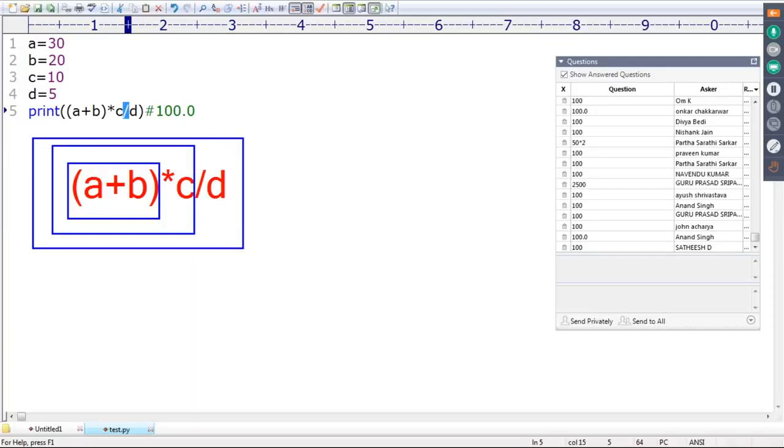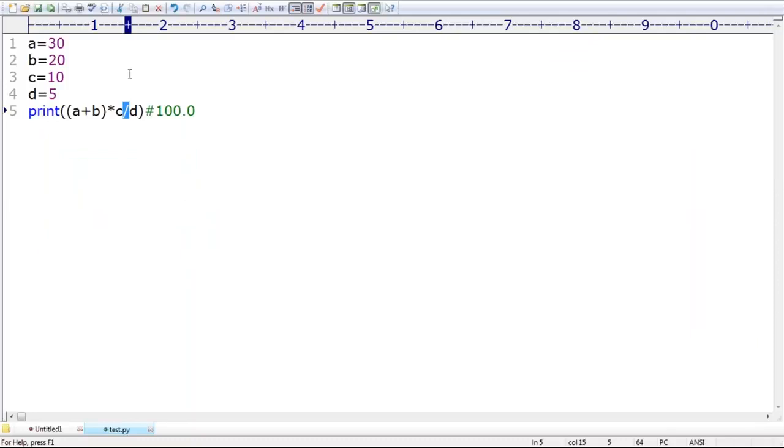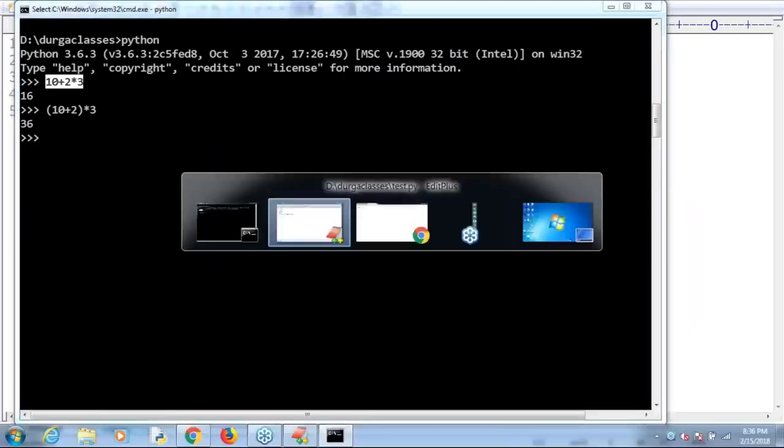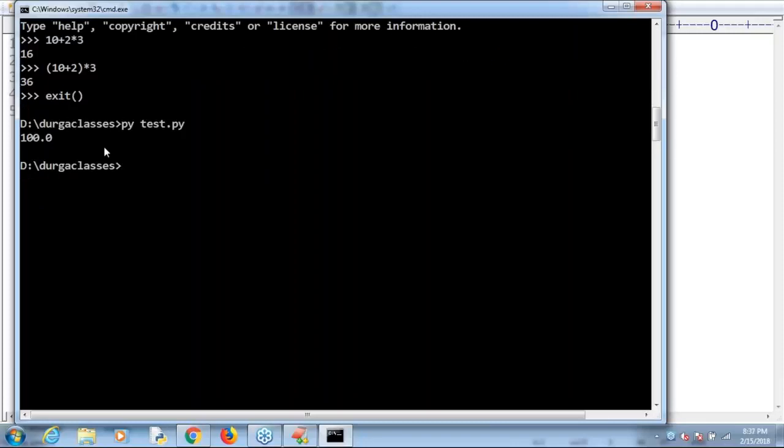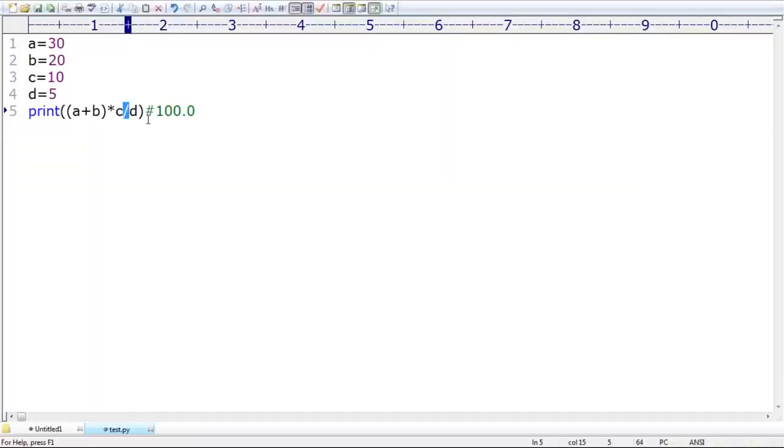This is the output we get by default, perfectly valid. Running py test.py, the output is 100.0. Clear?